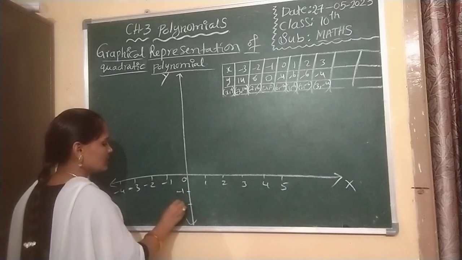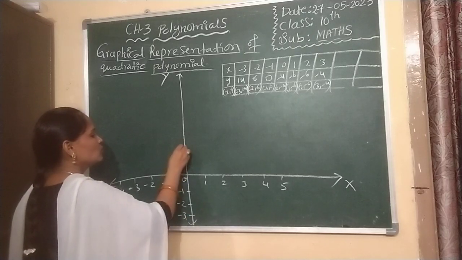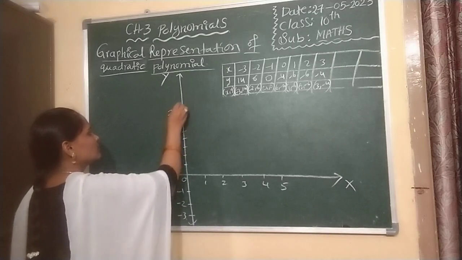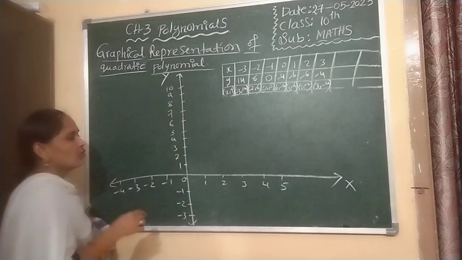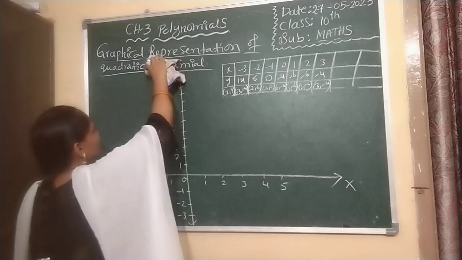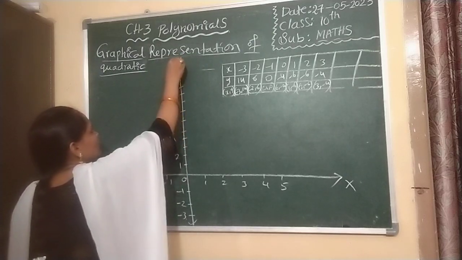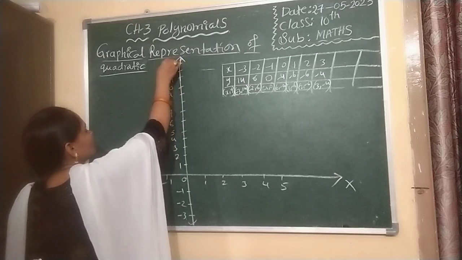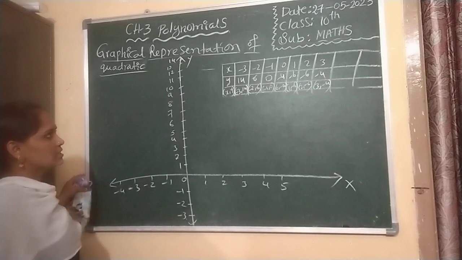Here minus 1, minus 2, minus 3, enough, and here 1, 2, 3, 4, 5, 6, 7, 8, 9, 10, 11, 12, 13, 14, because 14 is there. If you take more, you can, no problem. But in the graph sheet you will get it nicely.